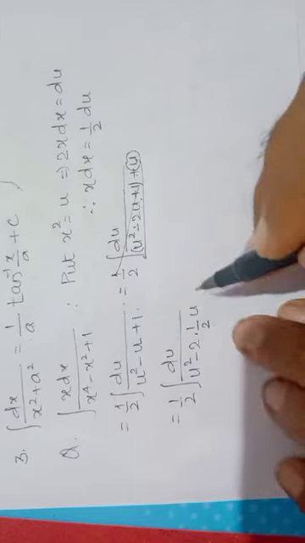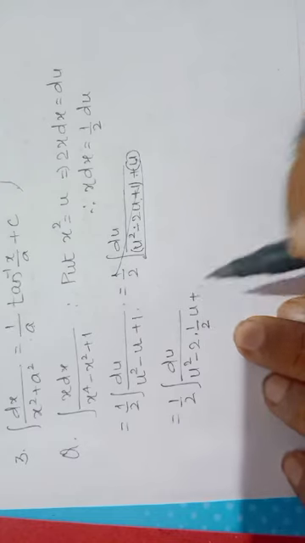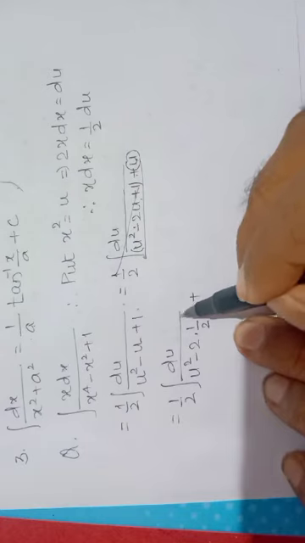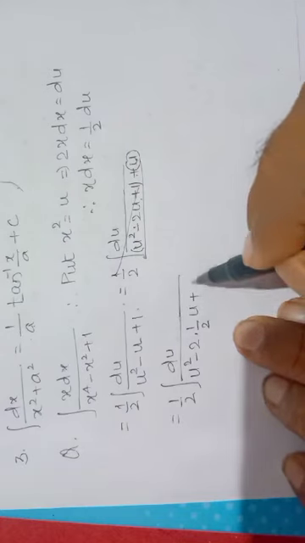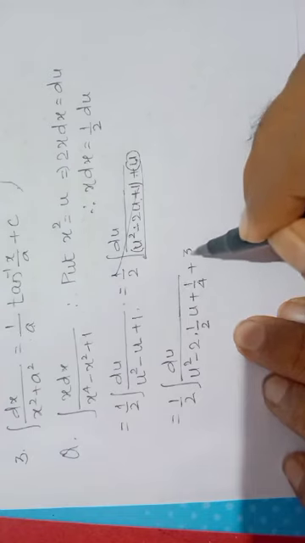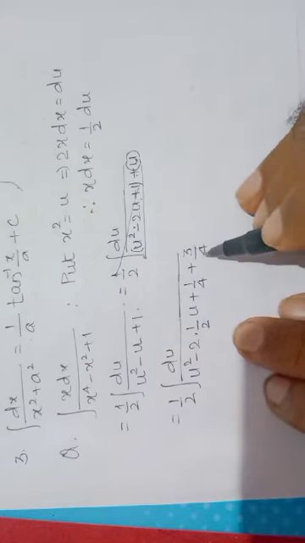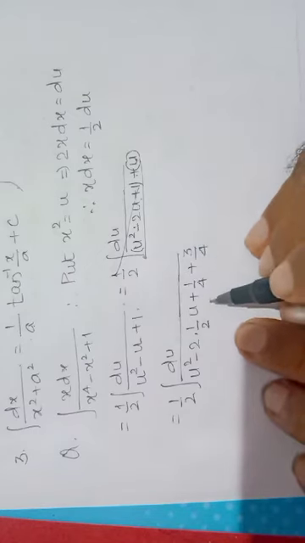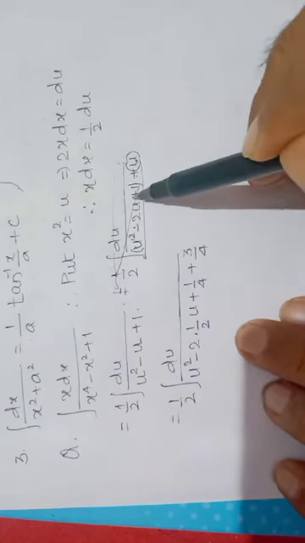Here rationalize it by 2, it should be 1, so 1 should be written as 1 by 4 plus 3 by 4. So students, you have to simplify or convert it properly, otherwise it becomes wrong like this.